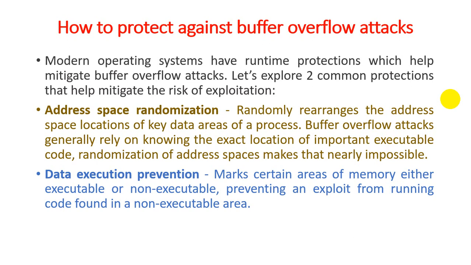Exploiting by running code found in a non-executable area is then prevented. That's why dividing memory into two sections is really useful for users. So if an attacker performs a buffer overflow attack, they must deal with the differentiation between non-executable and executable areas of memory.